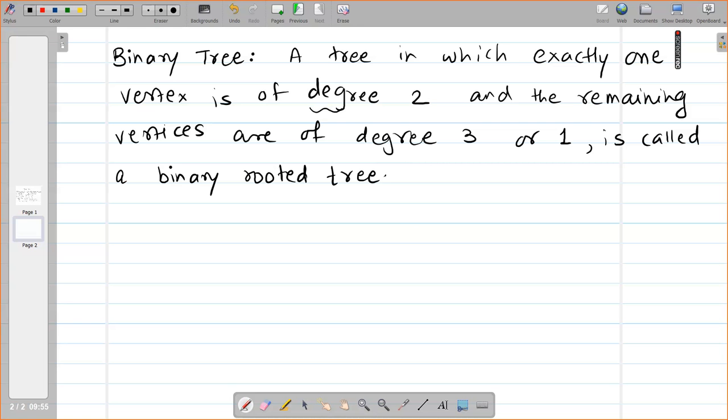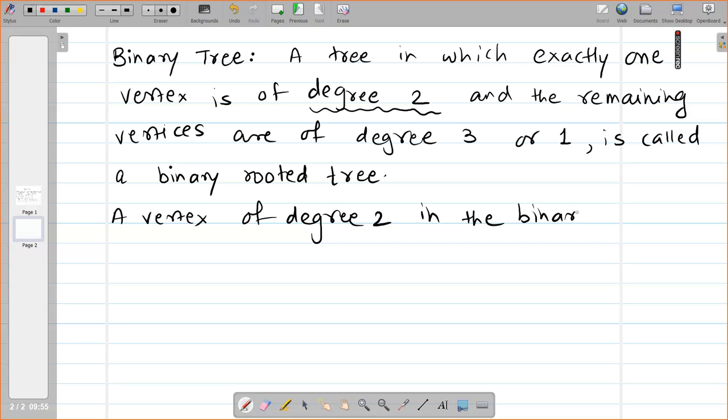Okay, so the vertex whose degree is 2 is distinguishable. A vertex of degree 2 in the binary tree is the root of that tree. Okay.